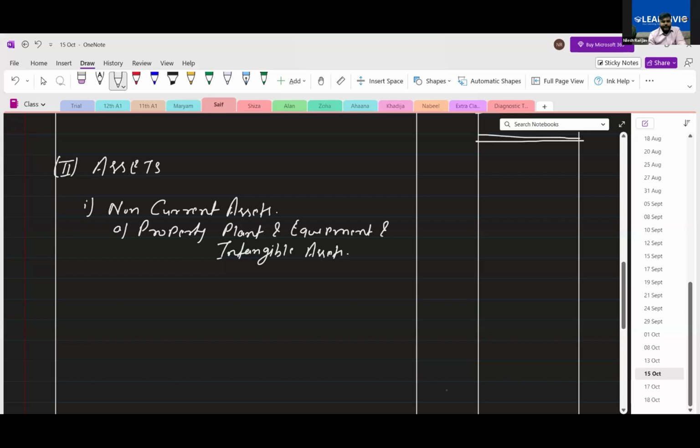Under this, the first item is property, plant and equipment.